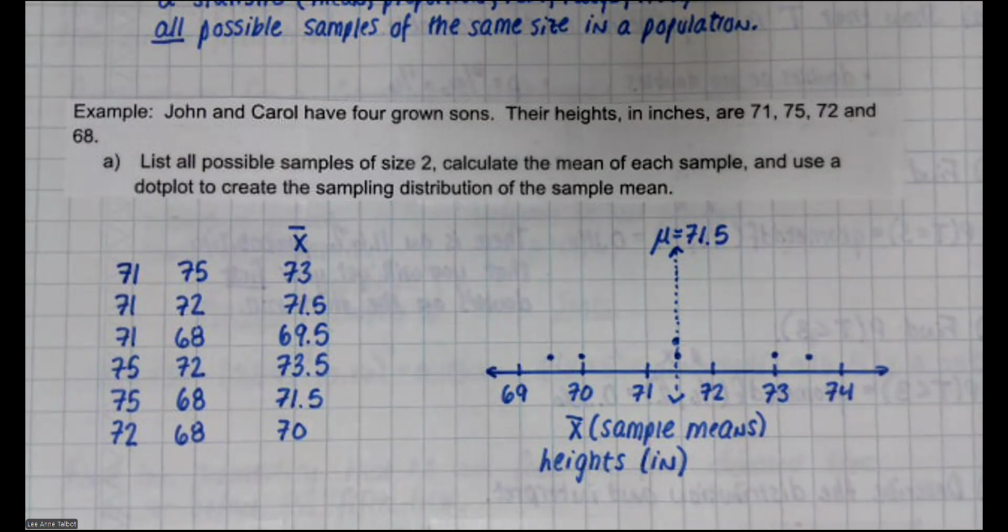Is that the center of my dot plot? You see the beauty of such a simple example. It's like perfectly symmetric. I could fold on that line. It would perfectly line up. Yes, it is the center of that dot plot.